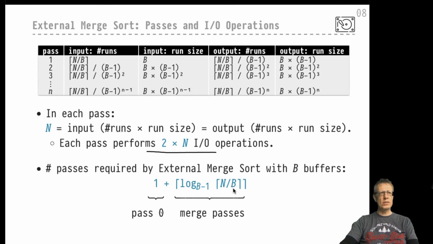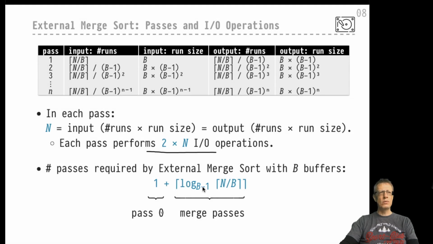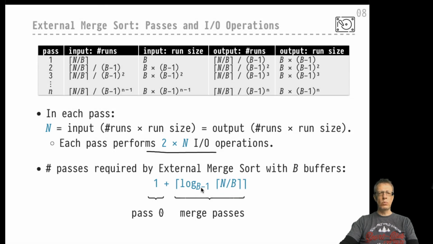And again, as you can see, if only we could have a larger b here, b larger than 3 hopefully, then of course the number of merge passes will strictly decrease. The number of input runs will decrease, and the number of needed merge passes will decrease as well. Okay, so much for that.